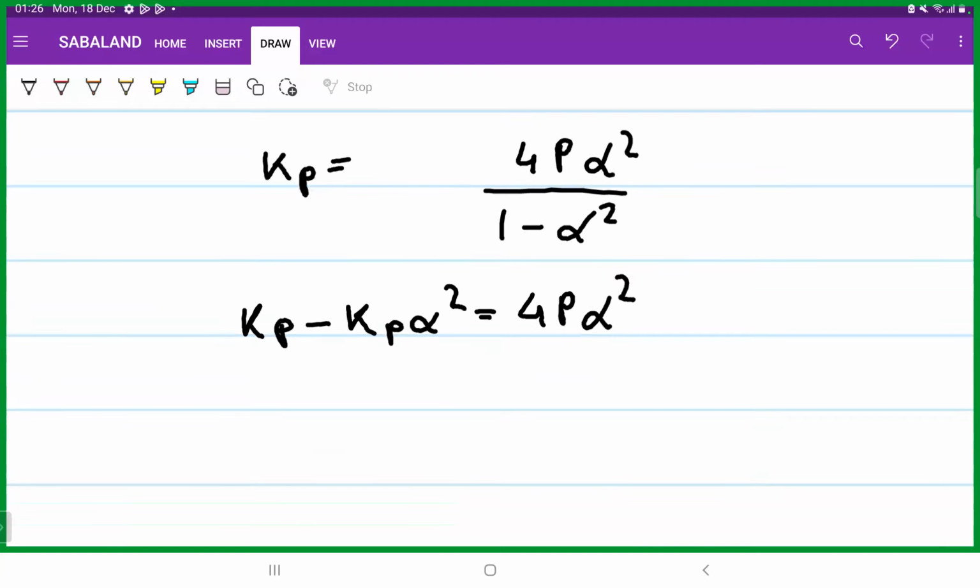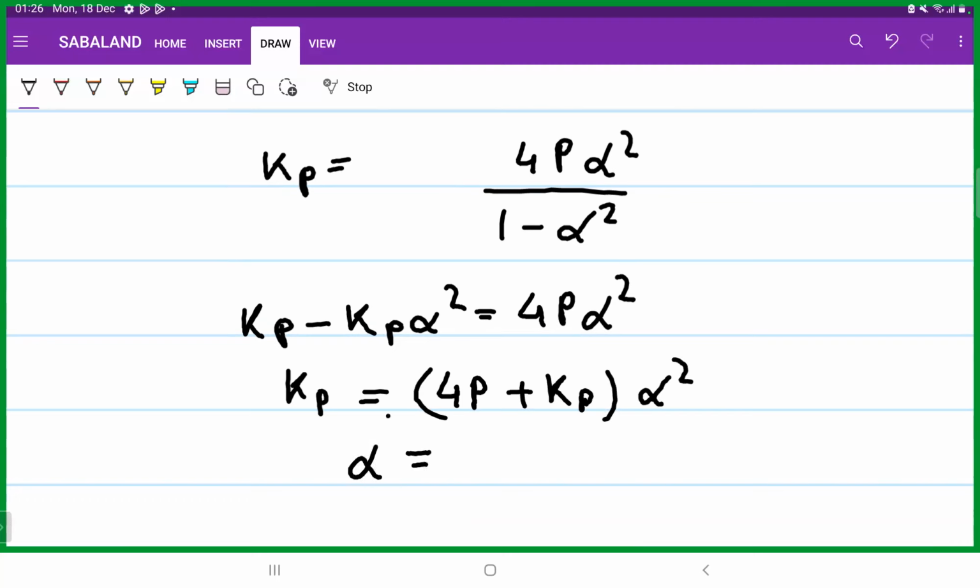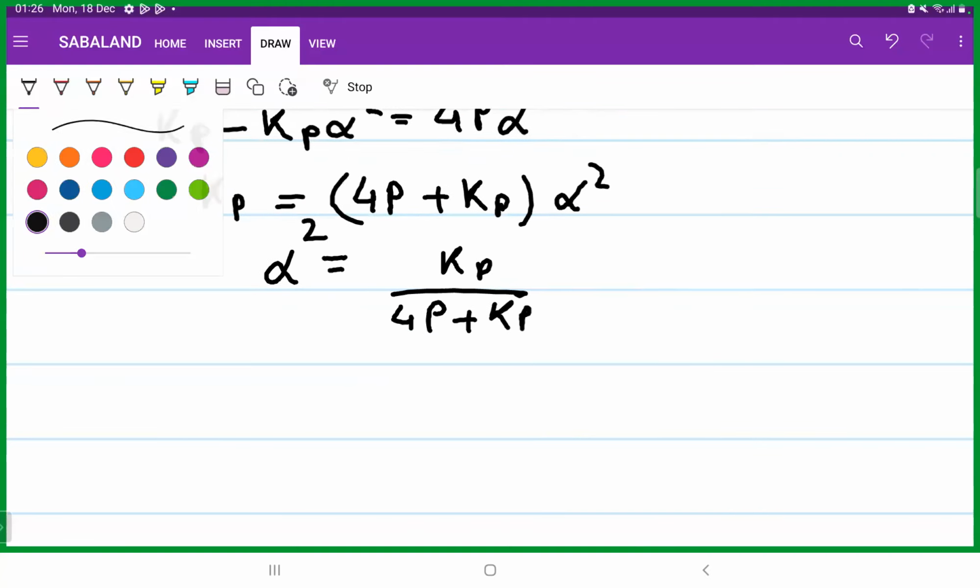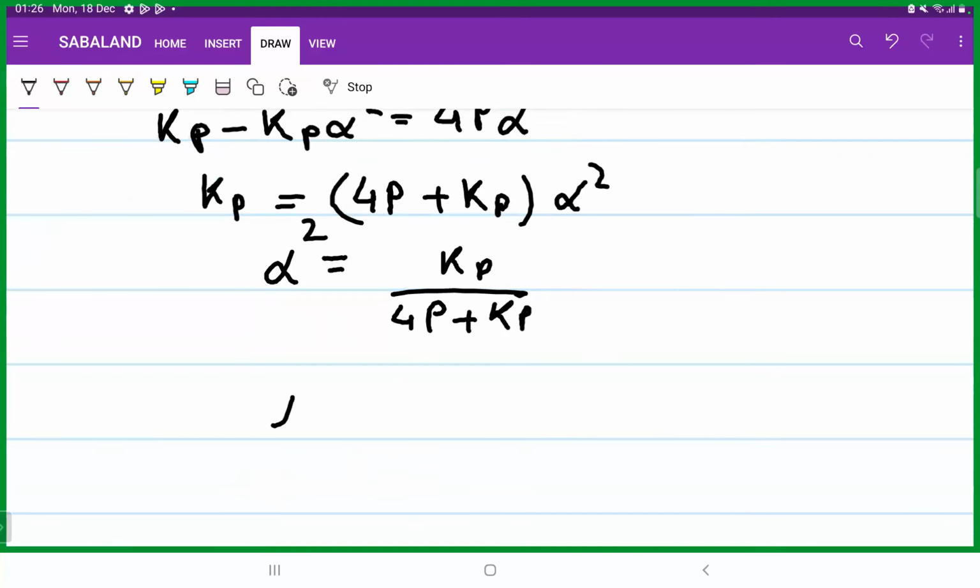So in order to find alpha, let's just do this very basic calculation. So alpha square is equal to Kp by (4P plus Kp).